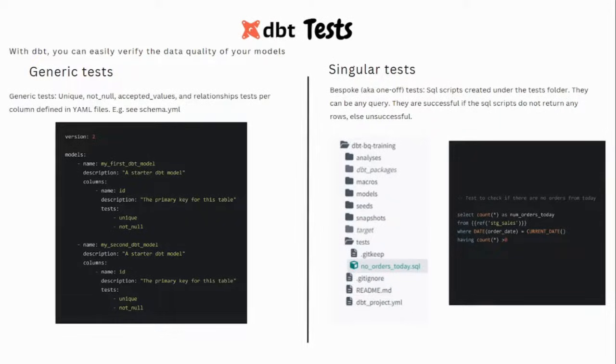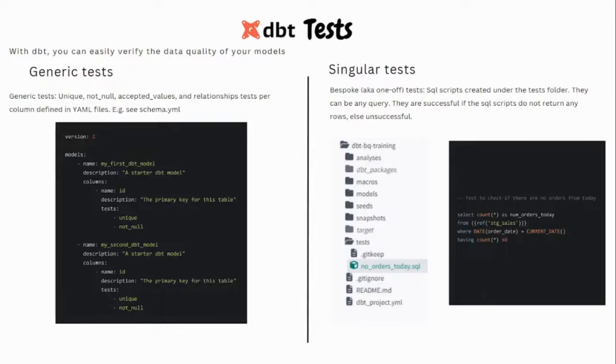In singular tests, we write SQL scripts, and those SQL scripts reside under the test folder. When we run DBT test, these tests are considered successful when they do not return any row. Even if they return one row, that means it's unsuccessful.